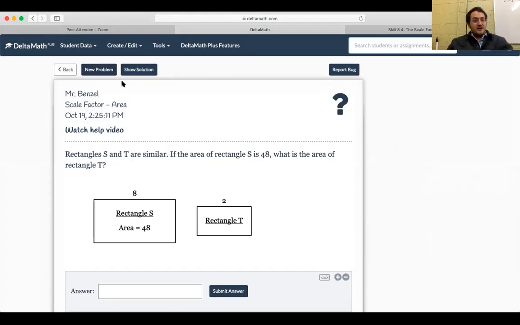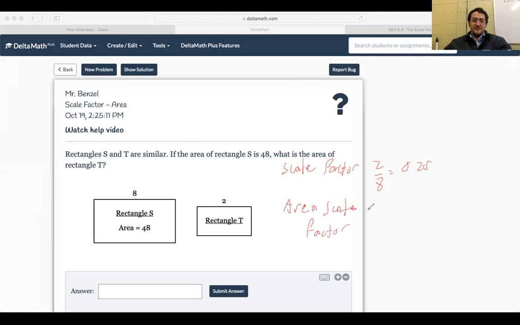So on this one, I would compute the scale factor. That's just 2 over 8, which is 0.25. The area scale factor is just the scale factor twice. So it's 0.25 squared.